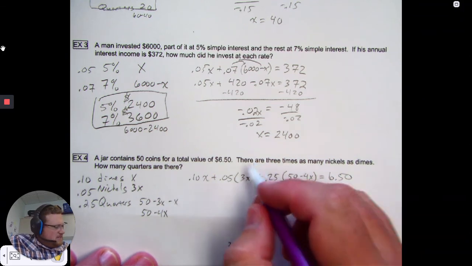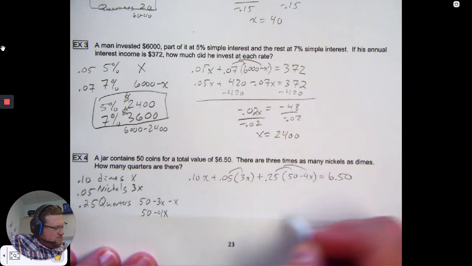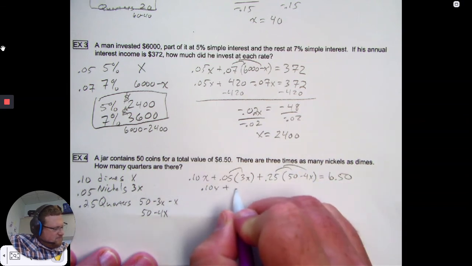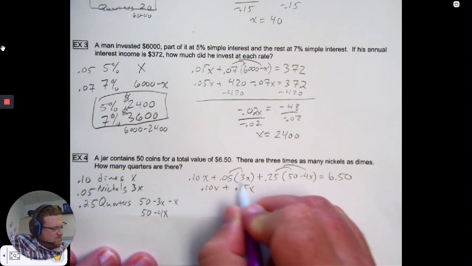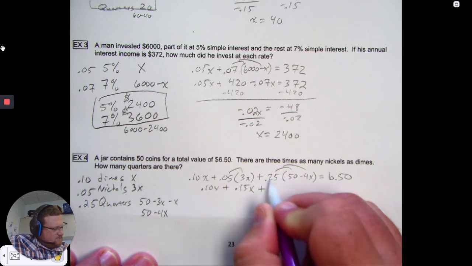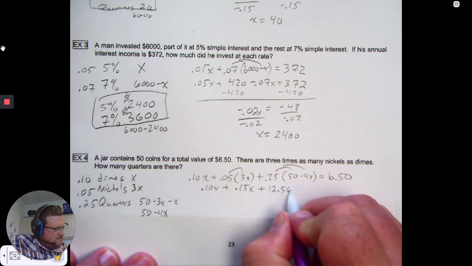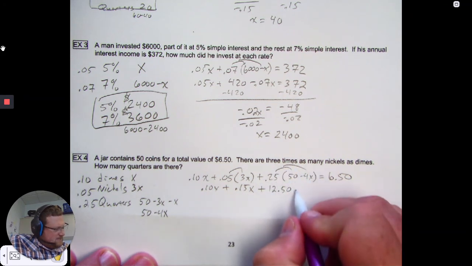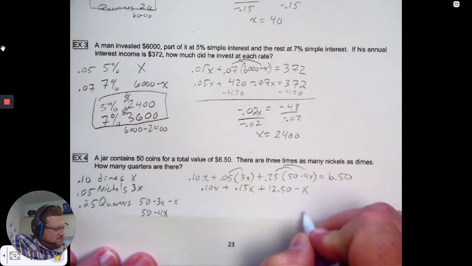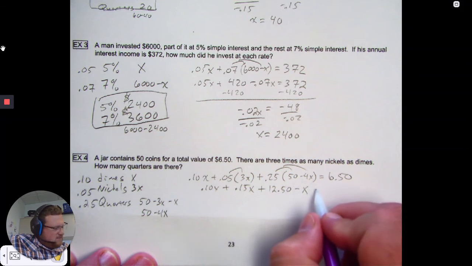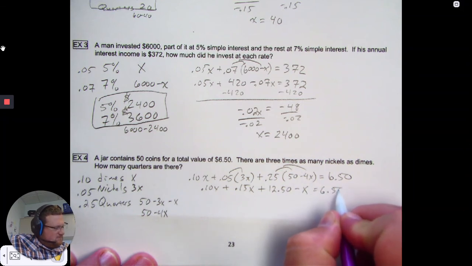So I just have to go through and distribute where necessary. So 0.10x plus 0.15x by multiplying through, plus 0.25 times 50 is 12.50. 0.25 times a negative 4x would just be a negative x, and then that would equal $6.50.